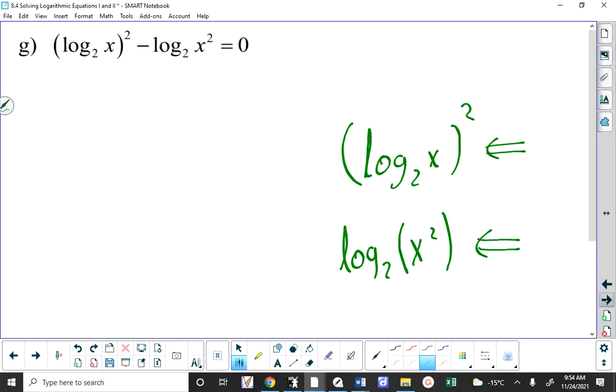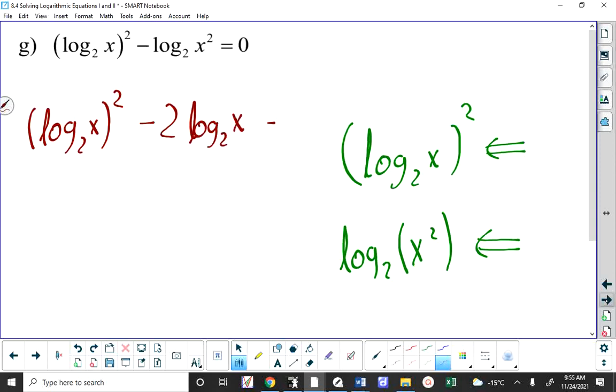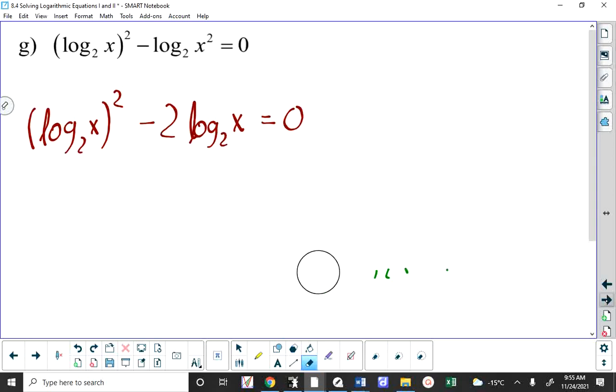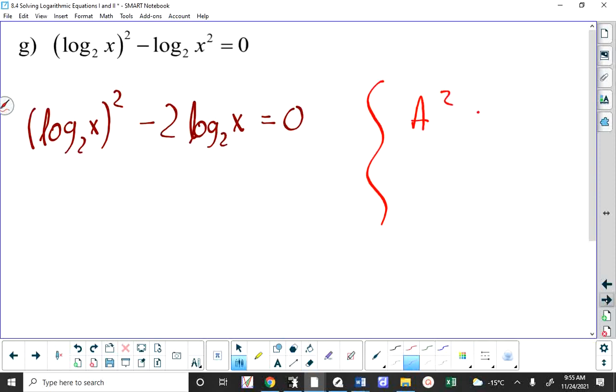What happens when we move that exponent in front that we are allowed to is we get log base 2 of x quantity squared minus 2 log base 2 of x equals 0. And this is no different in principle than solving this equation. It's something squared minus 2 times that thing equals 0.